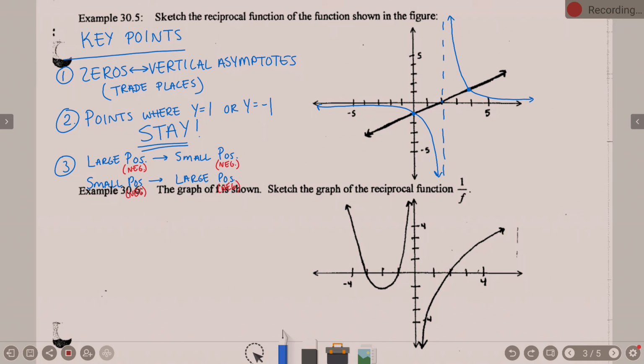Where does the horizontal asymptote come from? Say what? Where does the horizontal asymptote come from? We don't really know there's a horizontal, it's the fact that when we talk about a reciprocal graph like this, this portion of the graph is below the x-axis. So our portion of the graph needs to stay below the x-axis. If this is going infinitely smaller, this is getting closer and closer to 0.